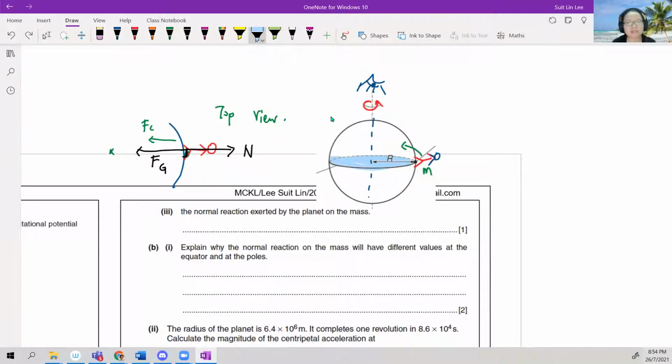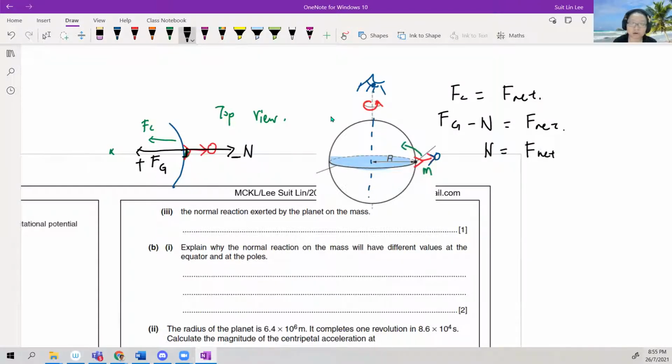In this case, when it's rotating, I can say the centripetal force is equal to the net force. And gravitational force minus normal force is equal to net force. Center-facing is positive, facing away from the center gets a negative sign. So if I want to find the normal reaction force N, it will be equal to the gravitational force minus the centripetal force.